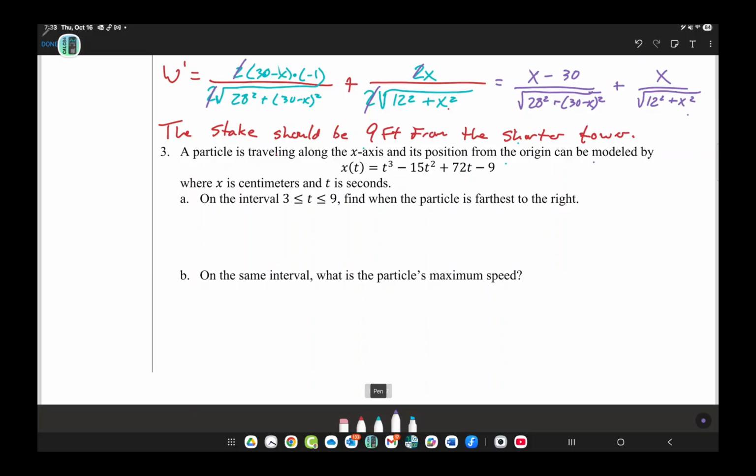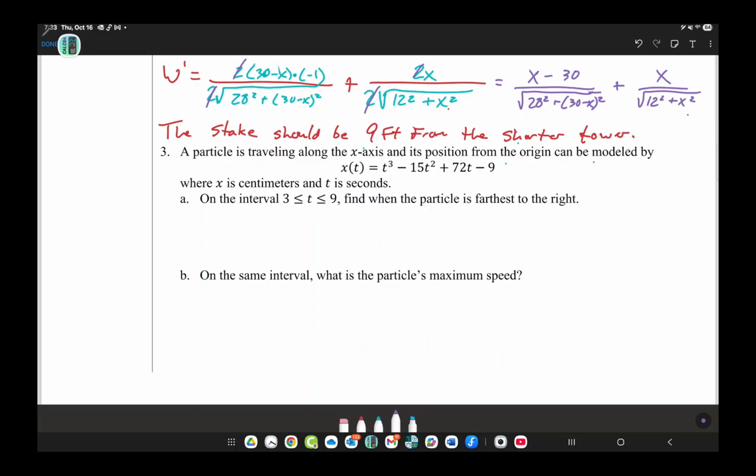A particle is traveling along the x-axis. Its position from the origin can be modeled by this function. So this is back to that velocity and acceleration. On the interval from 3 to 9, find when the particle is moving furthest to the right.